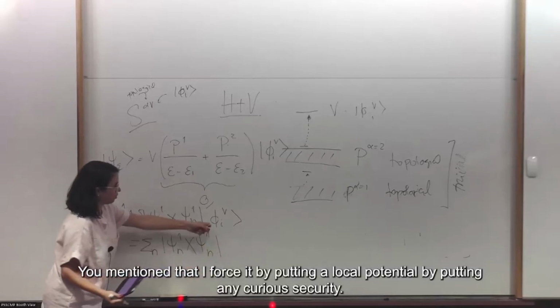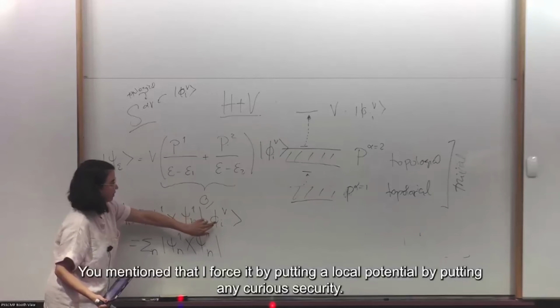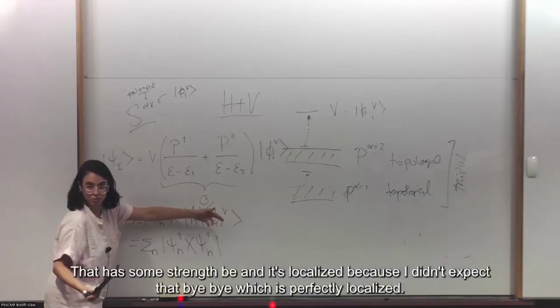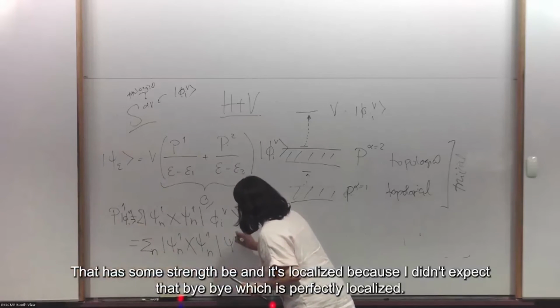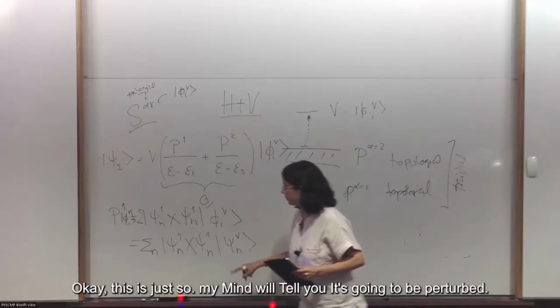And I'm going to now transform this state into momentum space. So this is a local state. I can write it as a linear combination of Bloch states, which I'm going to call phi v, and that needs to be at the same momentum.